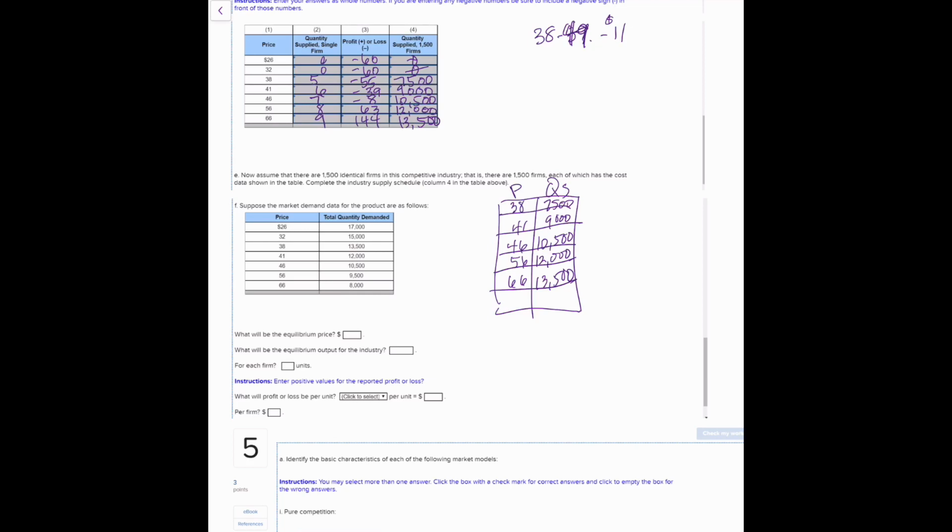So now that you've got a supply schedule, note the rule here is that for the competitive firm, the short-run supply curve is the marginal cost curve above average variable cost. That's the rule. To draw it out for you, we have marginal cost and average variable cost.